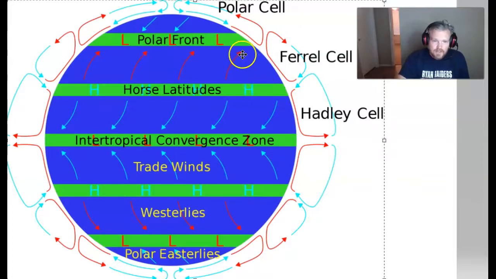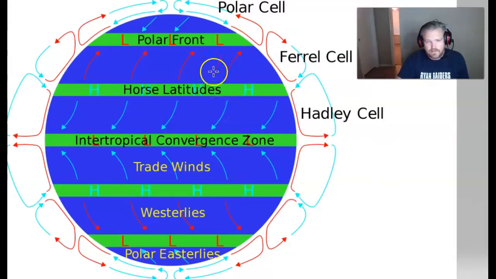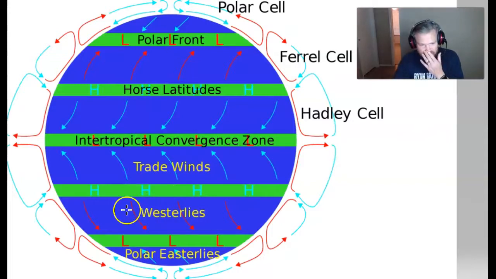First of all, these winds got their name from sailing. I was wondering why they're called westerlies when really they're coming out of the southwest, and up here they're coming out of the northwest.